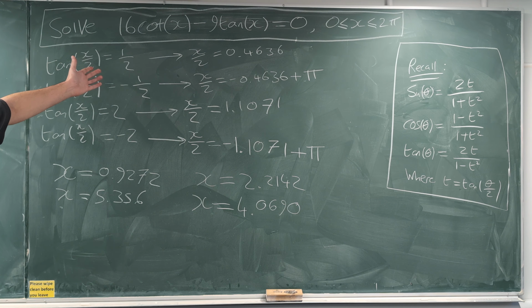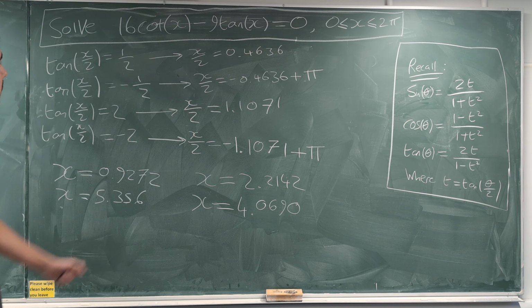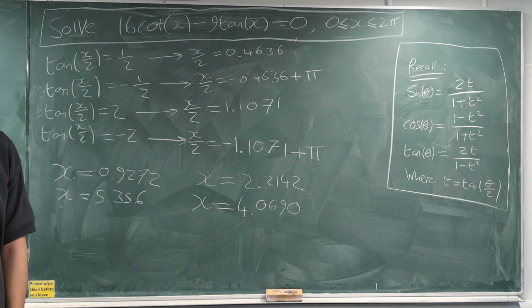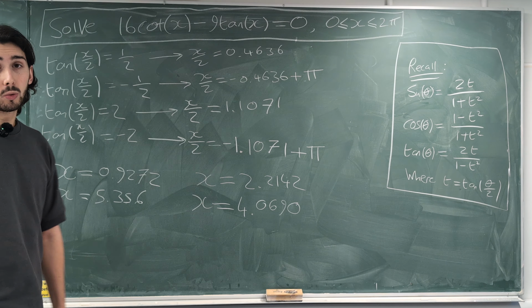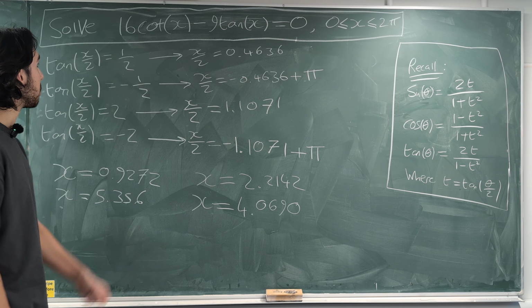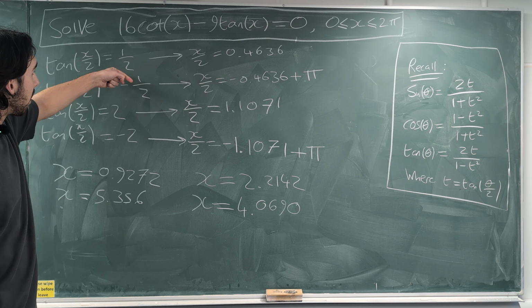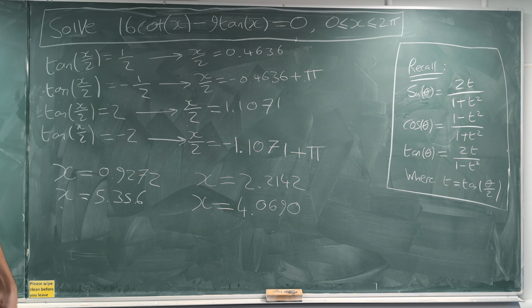So just by looking at this function, will pi be an answer? Well, no. The reason why is because tan of pi is 0, and cot is 1 over tan. So 1 over tan of pi is undefined. Okay, so we know that pi is not an answer, so these 4 values are our only answers.